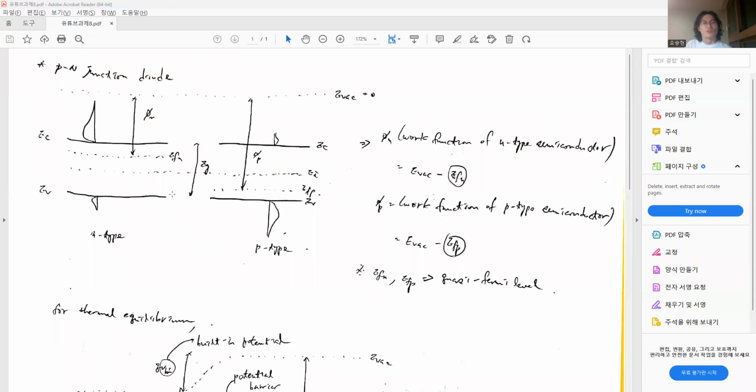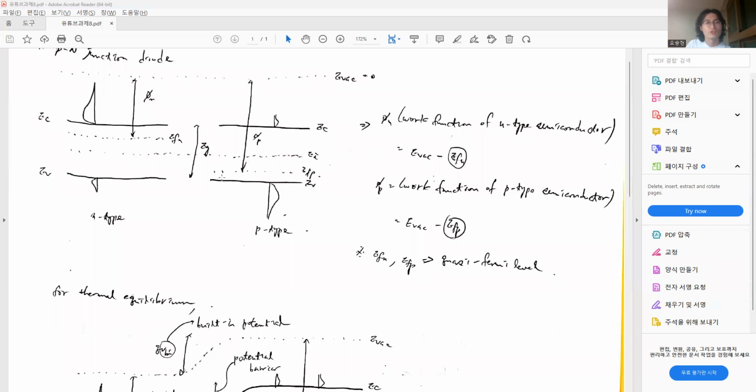However, when we look at this band shape of each type together, there is a non-equilibrium state. So here is in non-thermal equilibrium state.